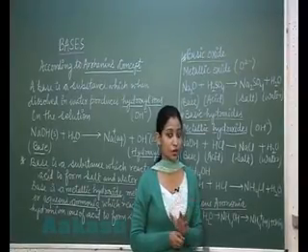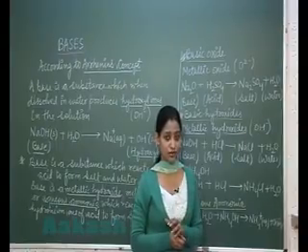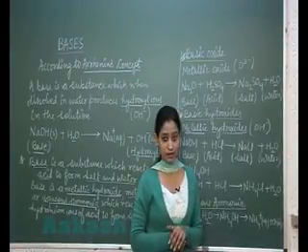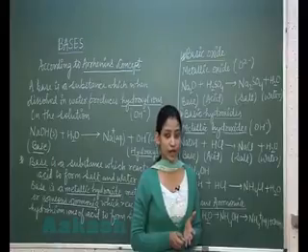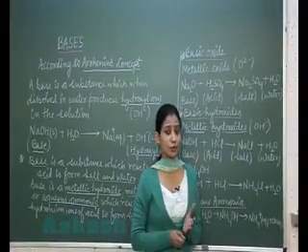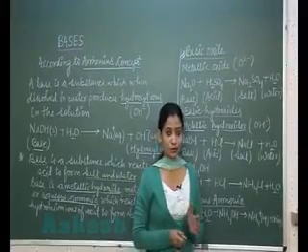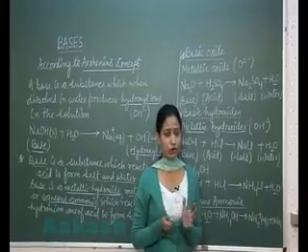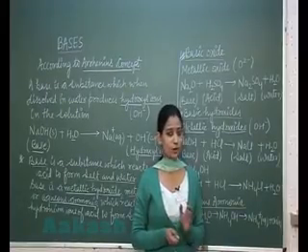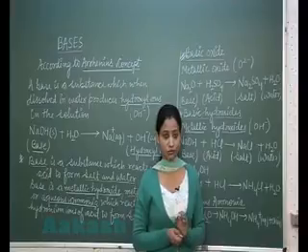There are some insoluble bases like ferric hydroxide, so that cannot be an alkali. A very good example of alkali which is a soluble base is ammonium hydroxide. I hope students this definition of bases is clear to you. Next we will study the classification of bases.